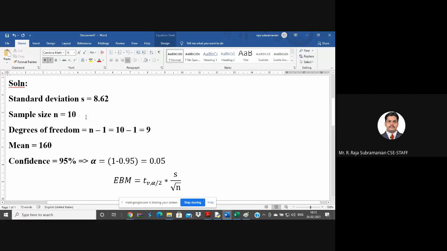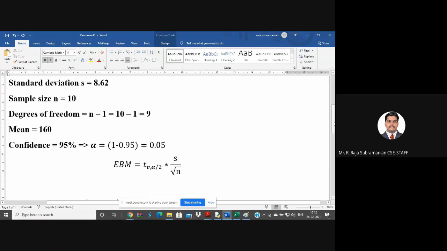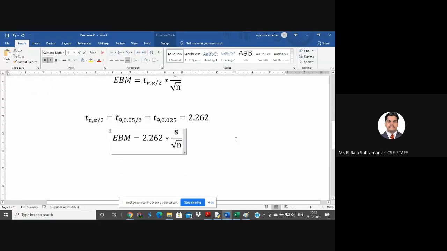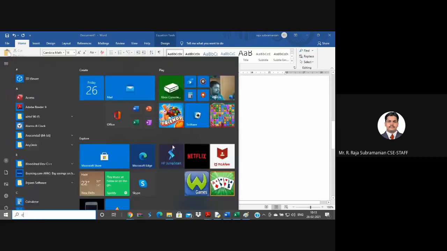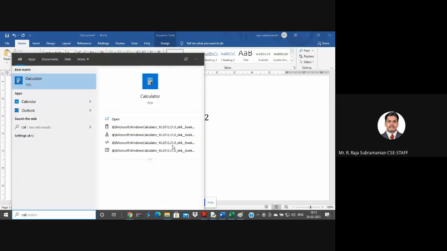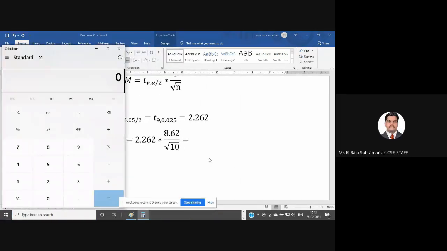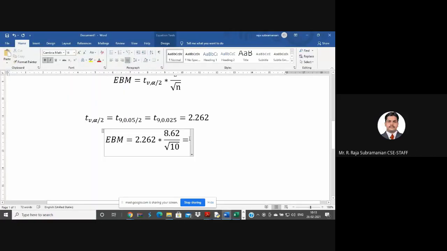And n is 10. So here I have 2.262 into 8.62 divided by root 10. So what will be my answer? I take the calculator. 6.165.